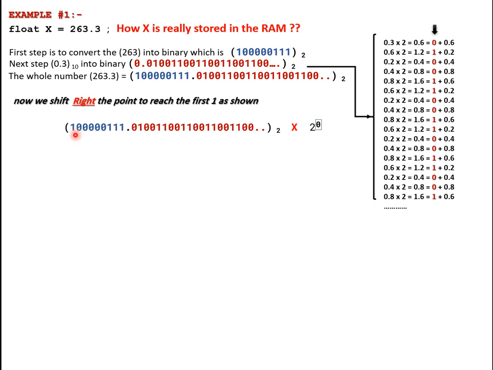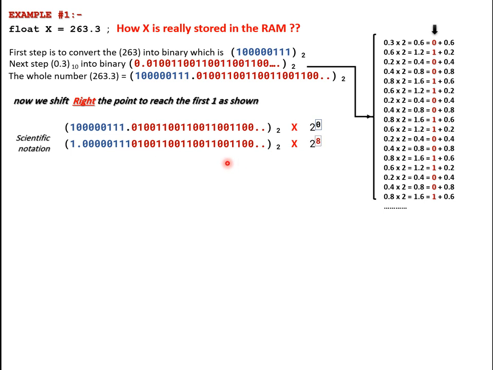And we stop here. So as you can see, the point is moved here, and now we incremented the power to 8. This is why it's 8, because we moved 8 places to reach this first one. Now this is called scientific notation.